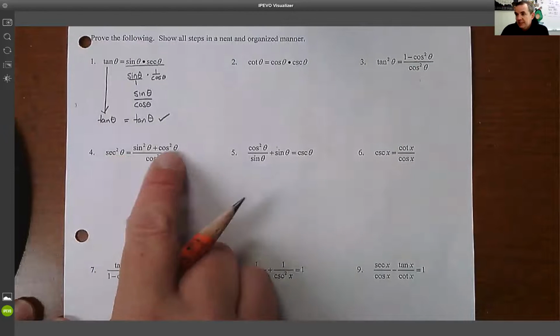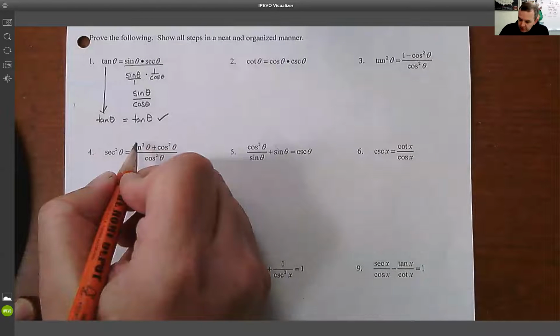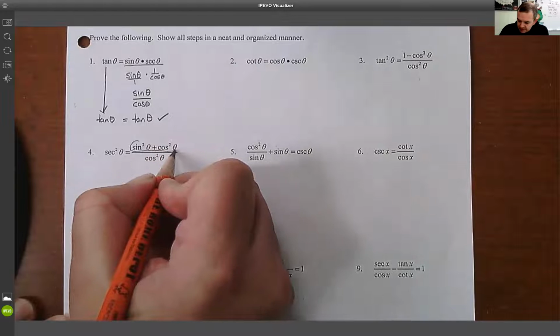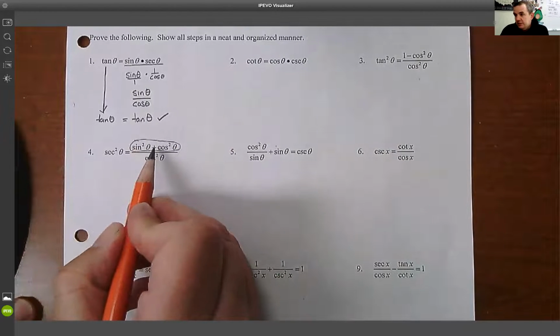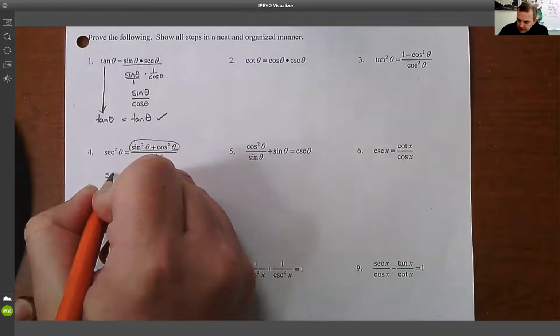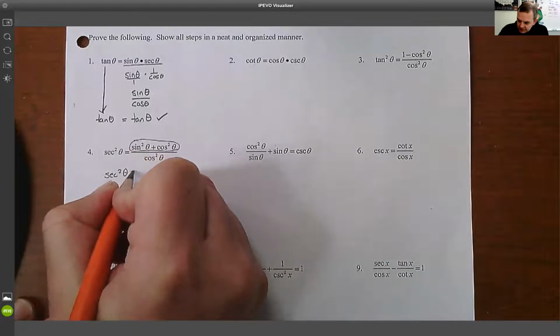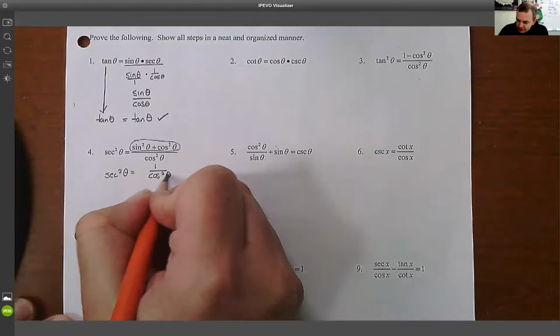What I'm going to do is see if I can simplify anything over here. What I would hope is that after a certain period of time, you start to realize some of the Pythagorean identities, that sine squared theta plus cosine squared theta is the same as 1.